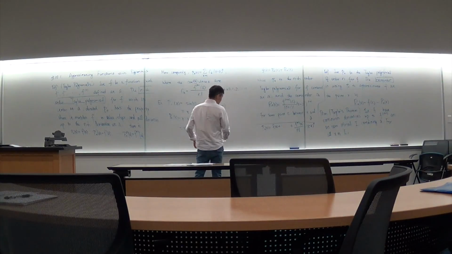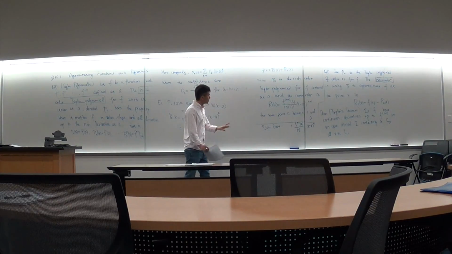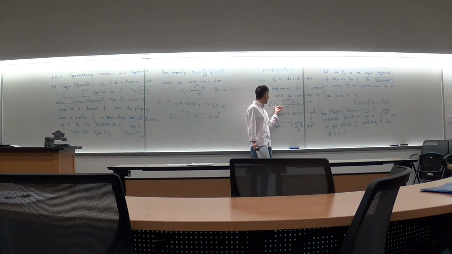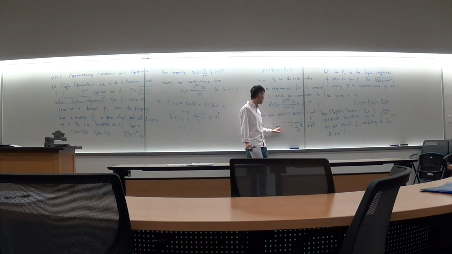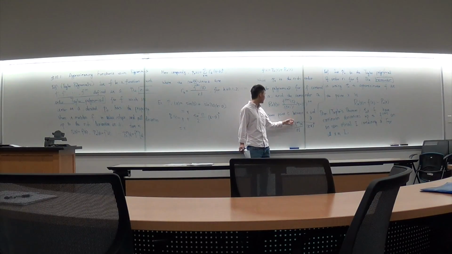Now we have a very nice formula for this remainder. The goal, like I said before, is to find a bound for this error, or this remainder, because then we can say how good our approximation is when we use the nth order Taylor polynomial to approximate f.